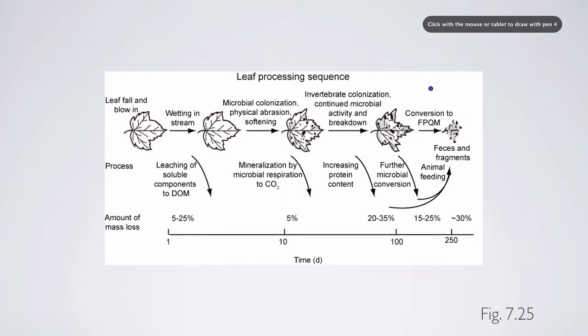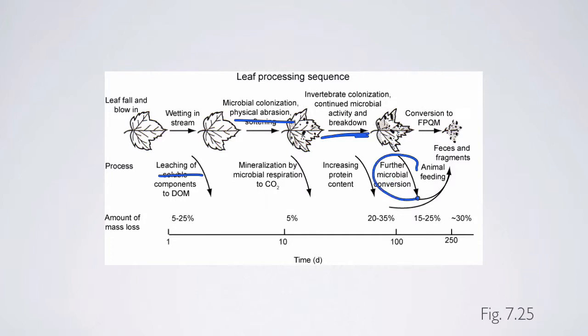This converts a lot of this material into particulate organic matter, often fine particulate organic matter. So we have leaching early on. After that, we're going to have physical fragmentation, and then we're going to actually have microbial breakdown, just like we do in soils. This coarse particulate organic matter becomes fine particulate organic matter, and we're going to have microbial conversion all along the way.